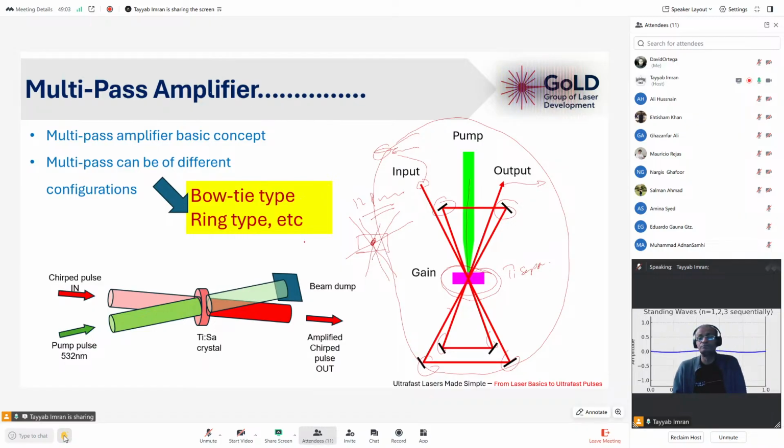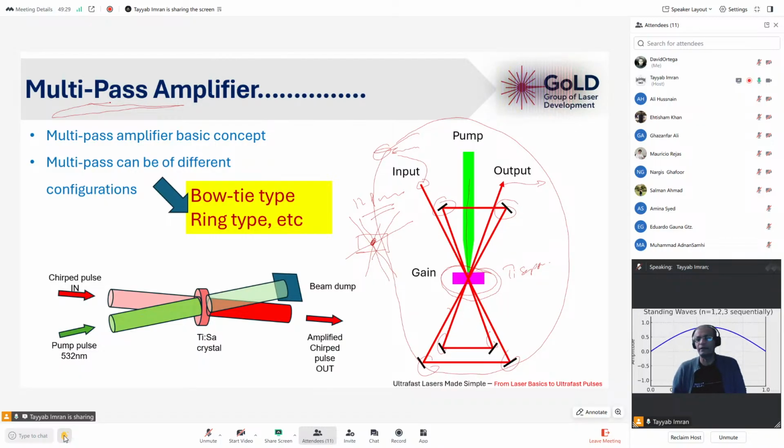Okay, so now here I'm just writing the multi-pass amplifier. Another kind of amplifier exists that I'm not covering here. We call it the regenerative amplifier. I don't feel that it's necessary to discuss it here because it's a little bit advanced to understand.